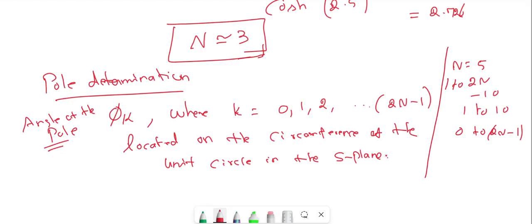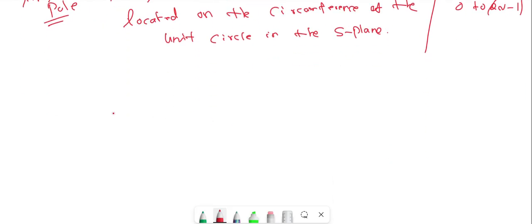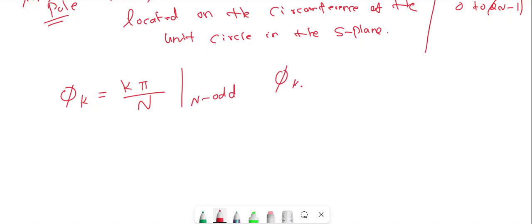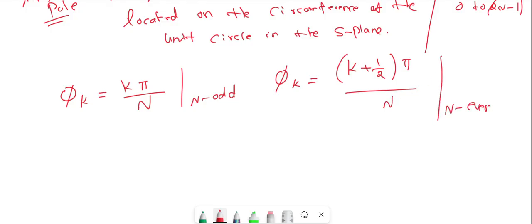So the location of the pole is determined by phi k is equal to k pi by n for n odd, and phi k is equal to (k plus 1/2) pi by n for n even.